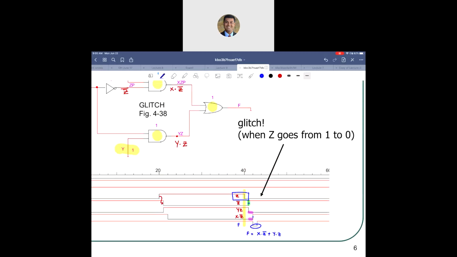So, glitch when Z goes from 1 to 0. But when Z goes from 0 to 1, this doesn't happen because of the nature of the OR gate. With multiple inputs, as long as the other inputs are holding the output at 1, it doesn't matter. Going to 0, that's when the issues are going to be there.